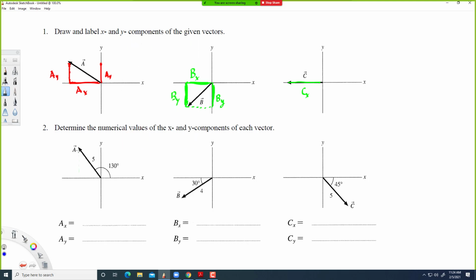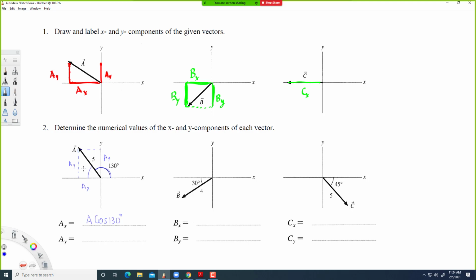So our x component is that, and y component is that or that. You can either use a cosine 130 degrees, this angle in counterclockwise direction, or you can also use this one. If you use this one, this would be in clockwise direction.